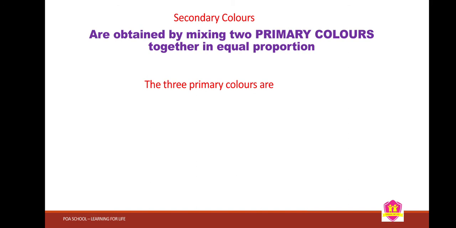So, the 3 primary colors are red, yellow, and blue. We are now going to mix or combine 2 primary colors to see if we can obtain a secondary color. Let's now do some mixing.